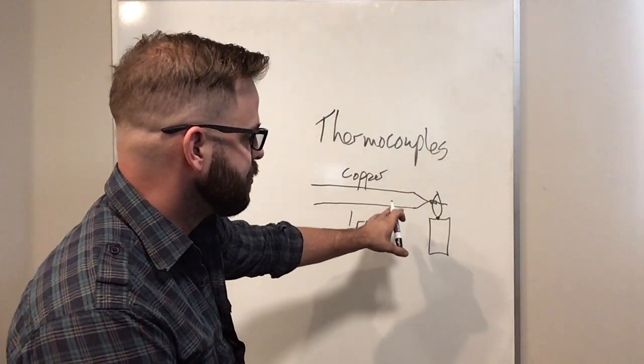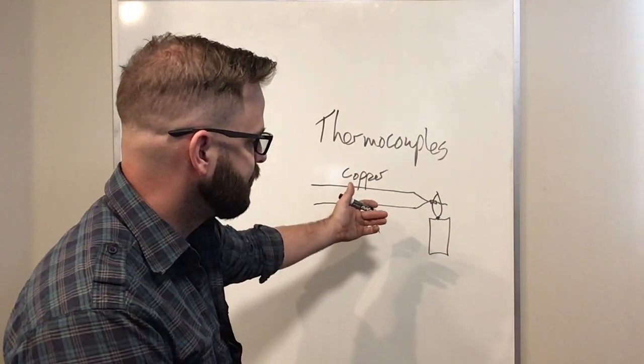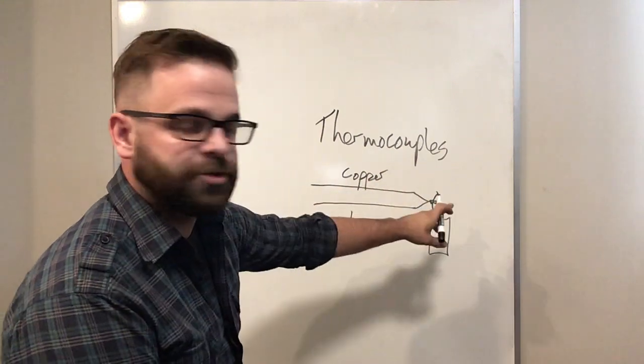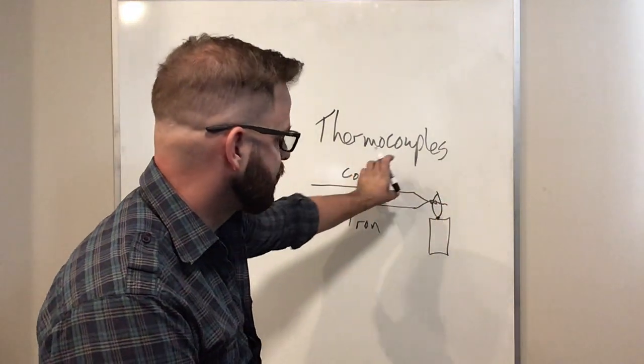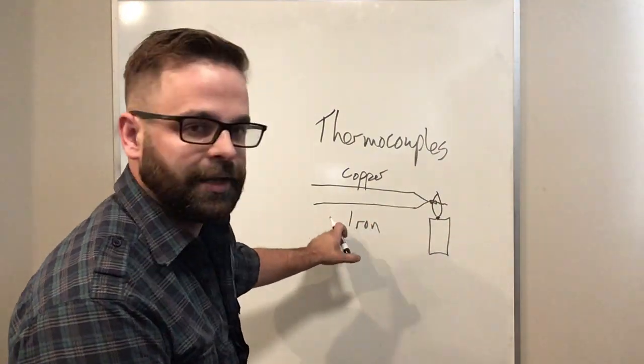That voltage that's produced is based on the fact that there ends up being a flow of electrons in the copper wire that flows at a different rate than in iron.